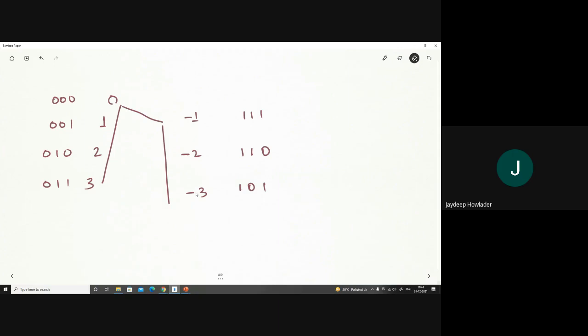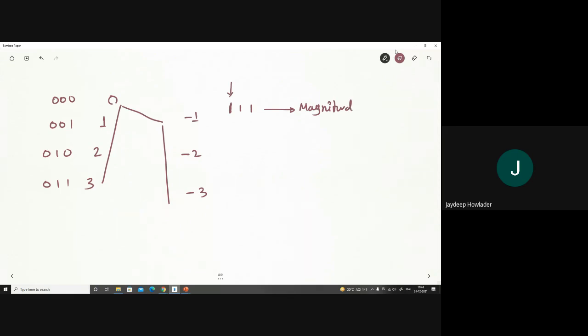But let me work with this one. Let the number be 1 1 1. I determine that this number is negative because its most significant bit is 1. Then I have to determine its magnitude. How do we determine the magnitude?